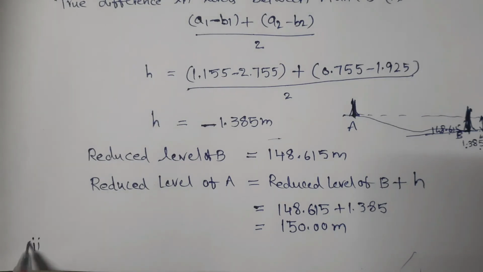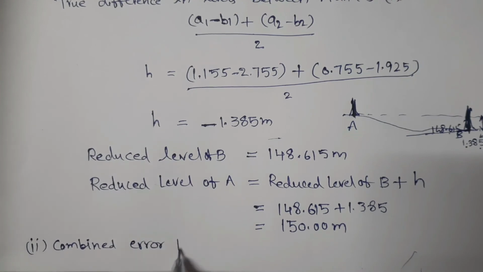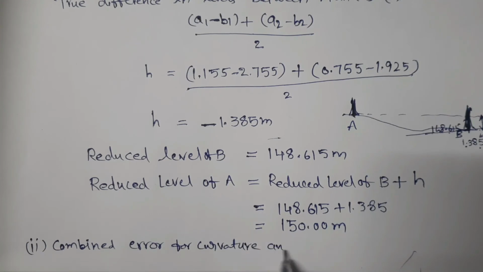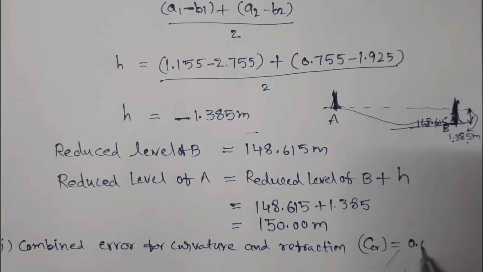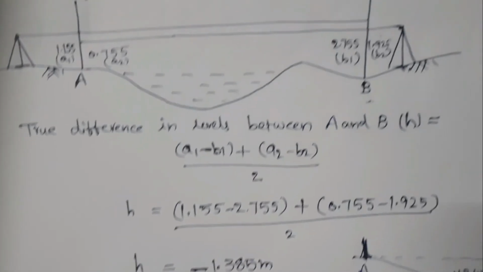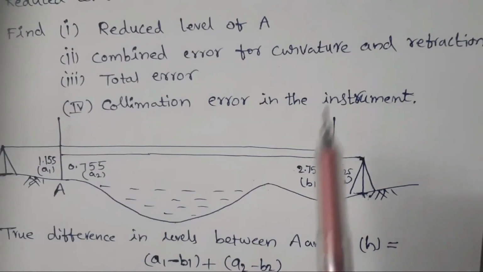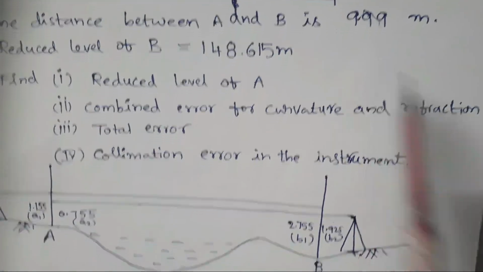Second one is the combined error for curvature and refraction. CCR is equal to 0.0673 D square. We know D is 999 meters.